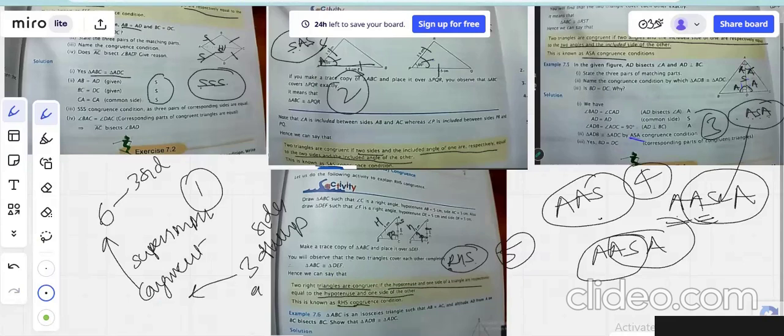Three sides are equal to the other three sides, and three angles are equal to the other three angles. So after using three, we get the benefit of six. Congruent parts of congruent triangles are equal, and we use this to prove things.